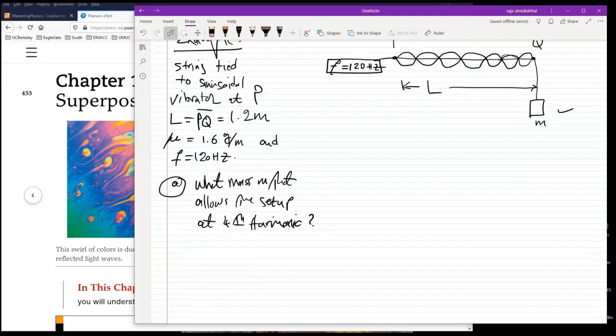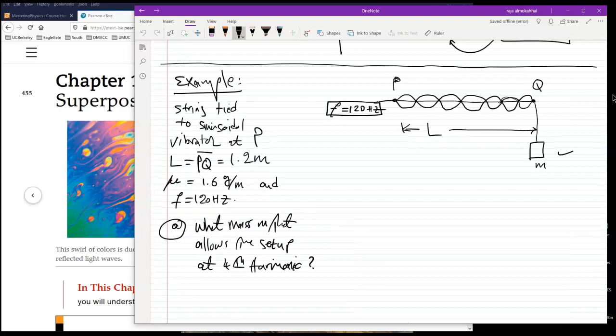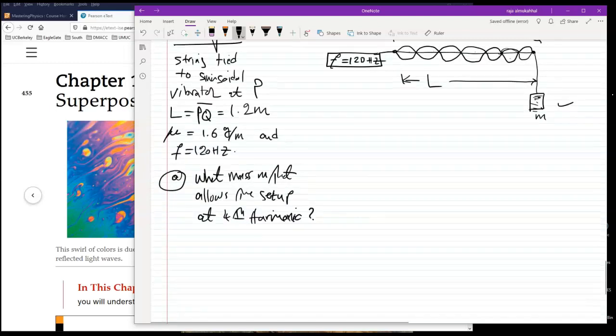So he said, what mass? I mean, what will happen if you start adding masses here? You'll have different patterns here, different harmonics, if you will. So not each mass, a specific mass corresponds to certain harmonics. So what mass will give me the fourth harmonic? Basically that's what he's saying.